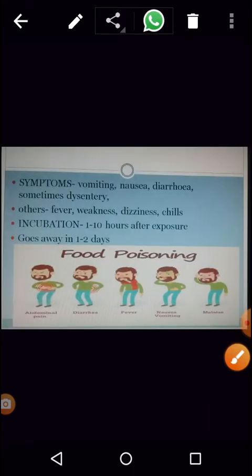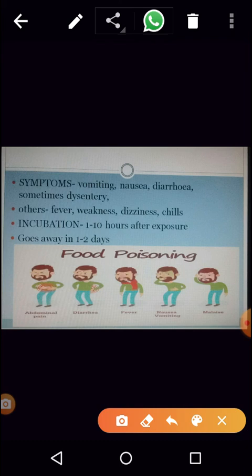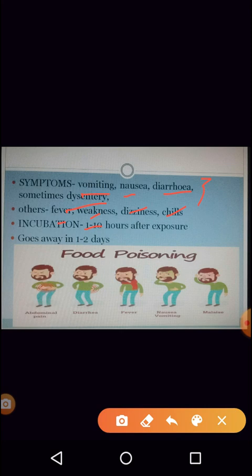Okay, moving on to the symptoms. Generally, the symptoms are vomiting, nausea, and diarrhea. Sometimes you see dysentery. I told you in my previous classes what the difference between diarrhea and dysentery is. Apart from these symptoms, they can also get fever, weakness, dizziness, and chills. Now, the incubation period is 1 to 10 hours.